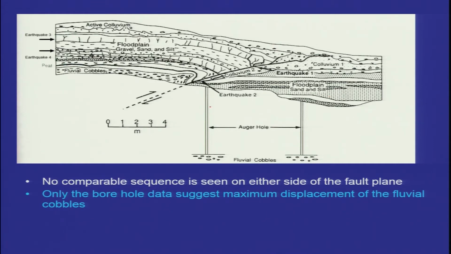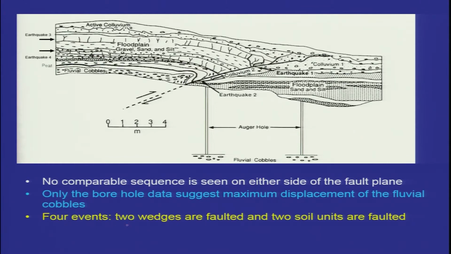Sometimes you can do this, but it is a very expensive exercise. Based on this, at least you can understand that in thrust faulting you have the older sequence overriding the younger one here.